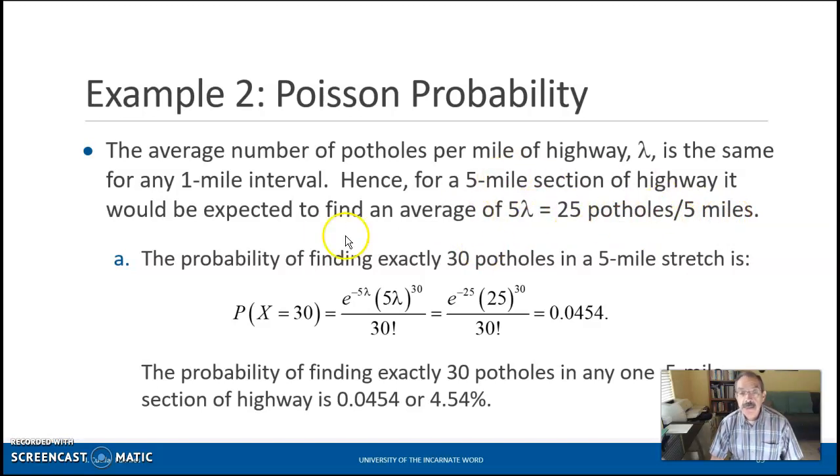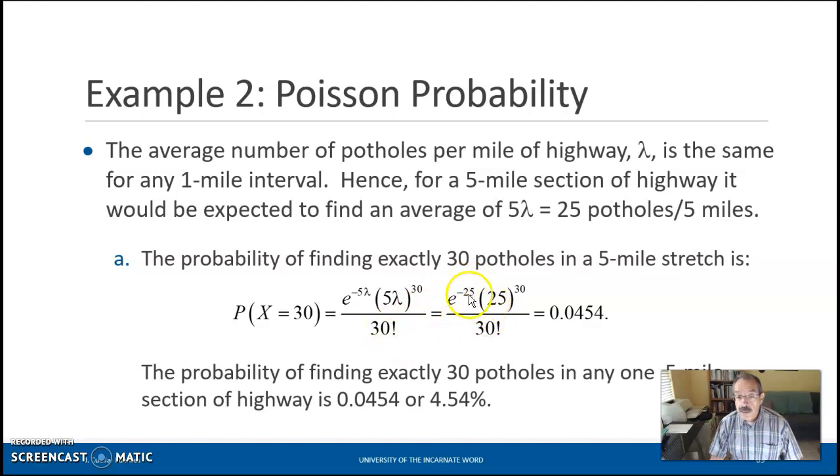All right, with this, we can find the probability of finding exactly 30 potholes in a 5-mile stretch. Using the Poisson formula, the random variable is 30, so it is e to the minus 5 times lambda, then 5 times lambda to the 30th power, divided by 30 factorial.